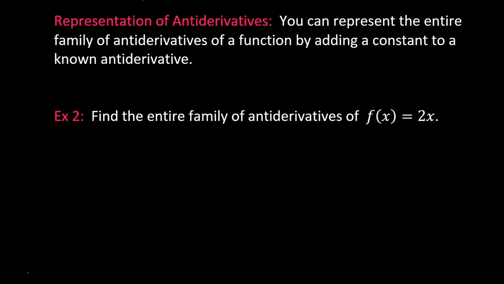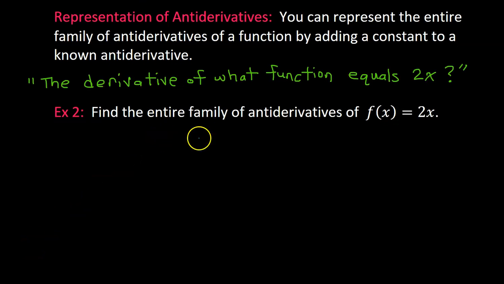So we just saw that you can represent the entire family of antiderivatives of a function by adding a constant to a known antiderivative. So in example 2, let's find the entire family of antiderivatives of f of x equals 2x. To find the antiderivative of 2x, we have to answer the question, the derivative of what function equals 2x? Think about the power rule.